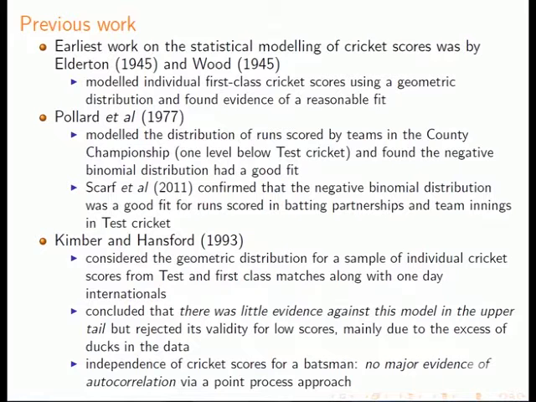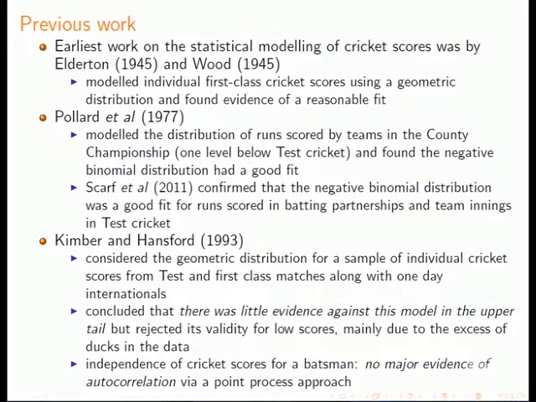They concluded, and I've put it in italics here, that there was little evidence against this model in the upper tail. I don't know quite how far in the tail they were. But one of the key problems, as I'm sure you appreciate, is the number of ducks, which is not in the upper tail. So I'm not quite sure what the benefit is of using a model where you can't use it for most of your data. But nevertheless, they got a paper out of it.